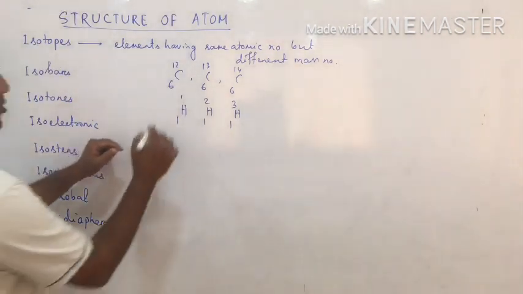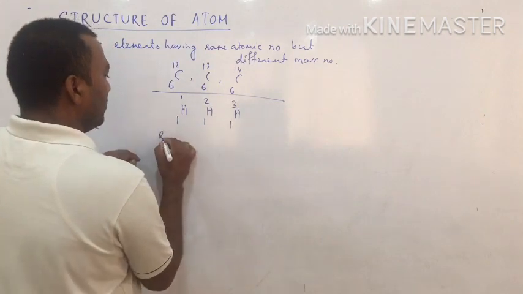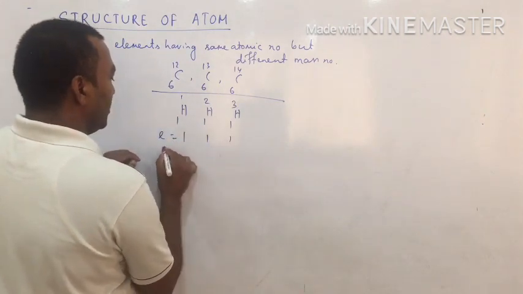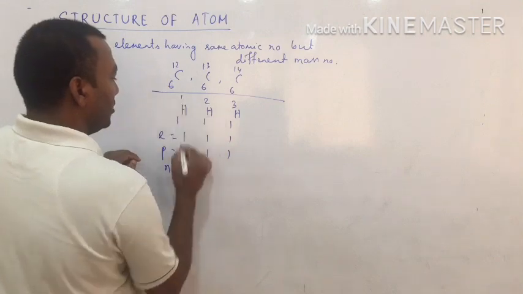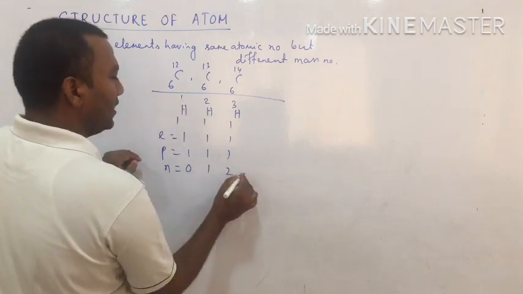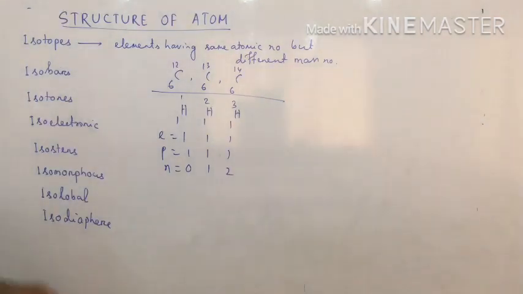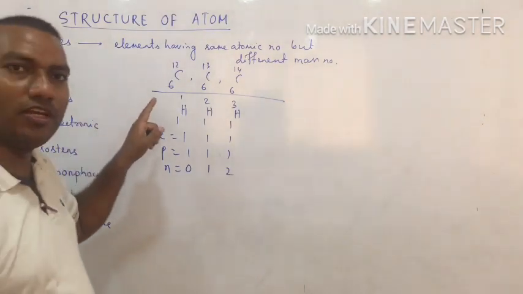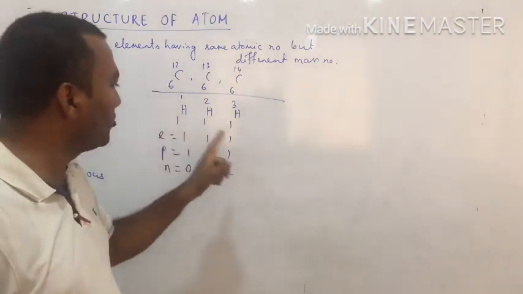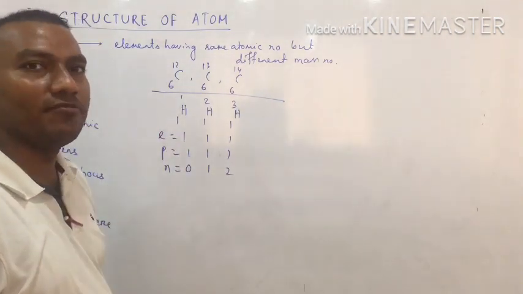Clear? So if you take this example, here electrons 1, 1, 1, protons 1, 1, 1, neutrons 0, 1 and 2. That means isotopes have the same number of electrons, the same number of protons, but neutrons are different.